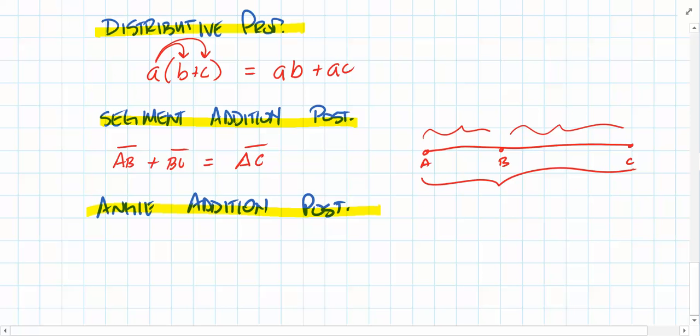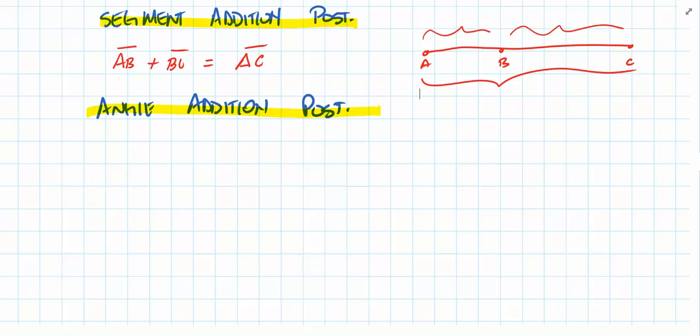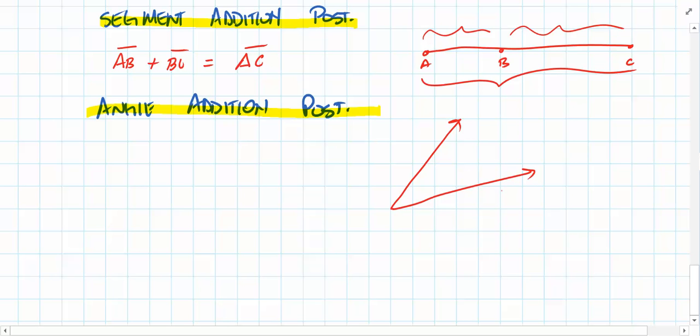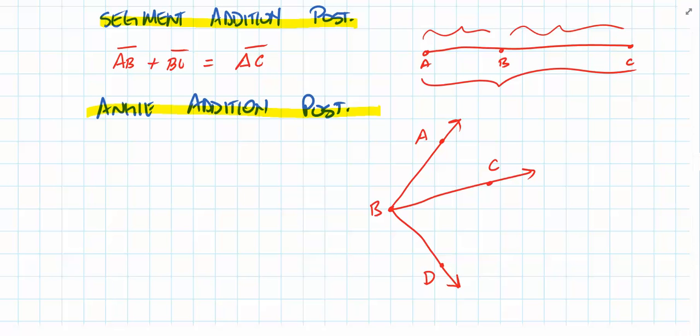It's the same exact idea for the angle addition postulate. Let's say I have this going on, and I'll put some points on this line. I'll call this A, this B, that C, and this D. The angle addition postulate says that this angle plus that angle has to equal the entire thing. So how do we write that down?